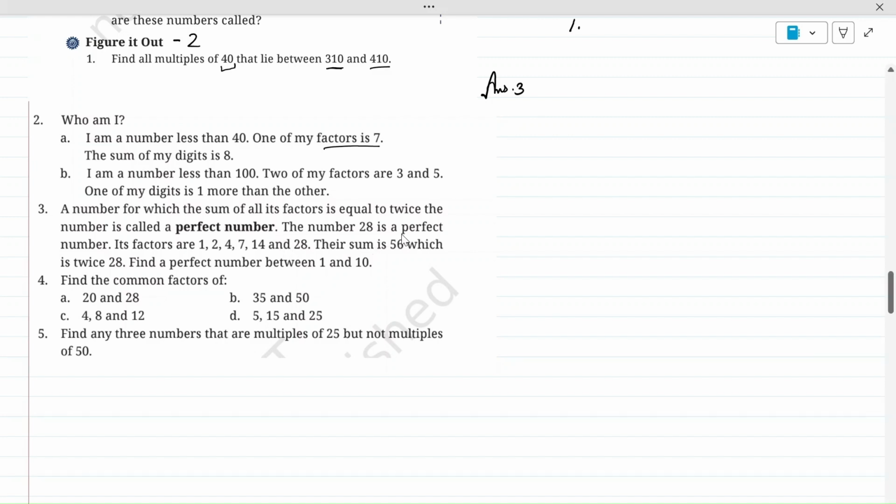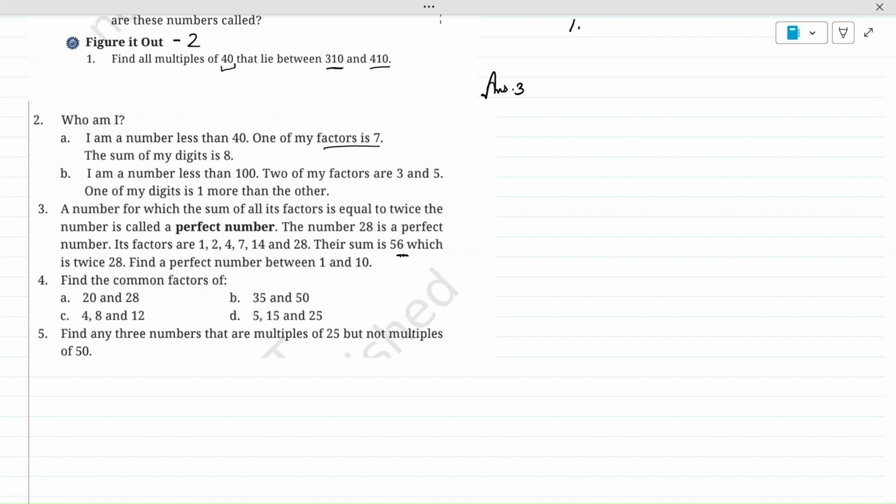Example, 28 is a perfect number. Why? Because its factors are 1, 2, 4, 7, 14 and 28. And when we add all these, that is 1 plus 2 plus 4 plus 7 plus 14 plus 28, we will get the number 56.